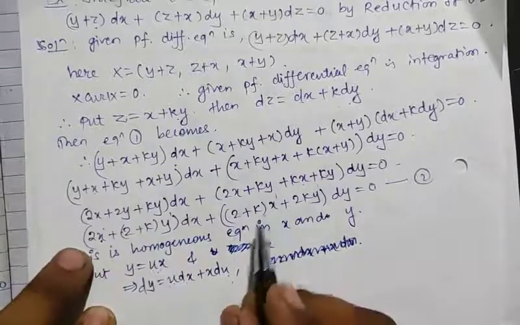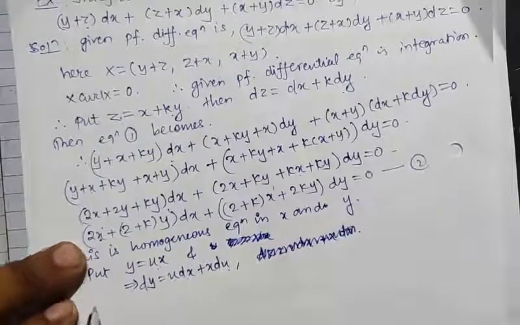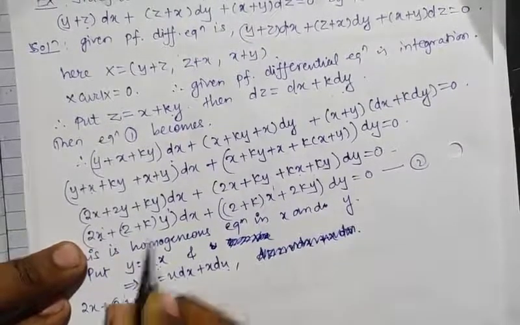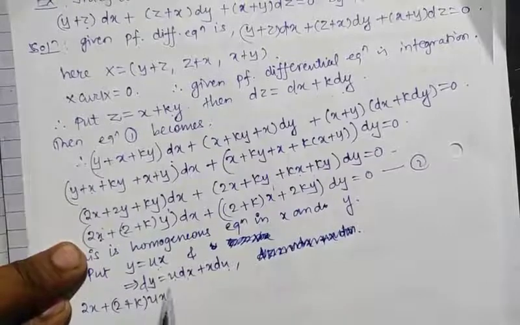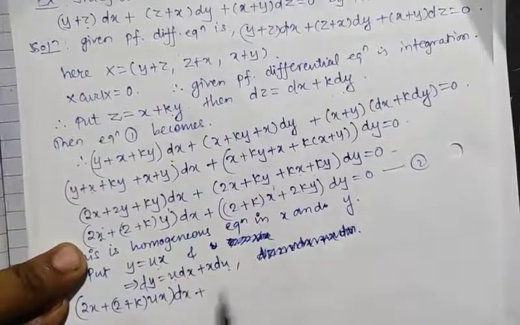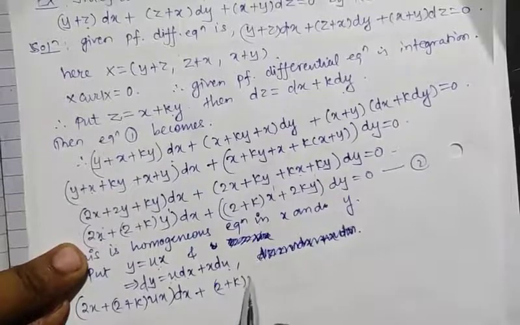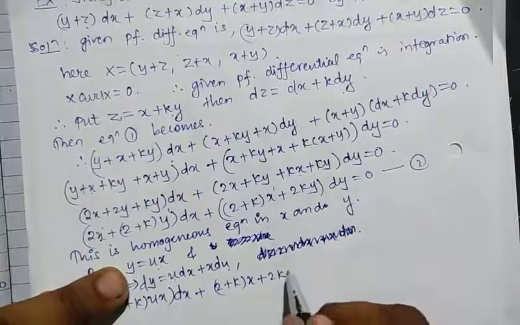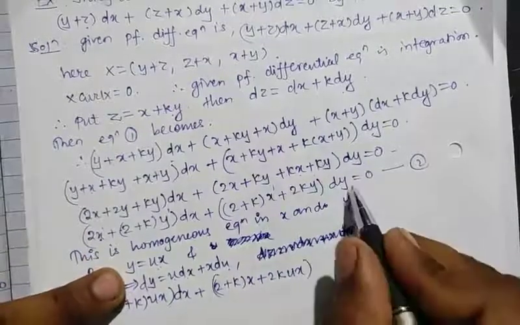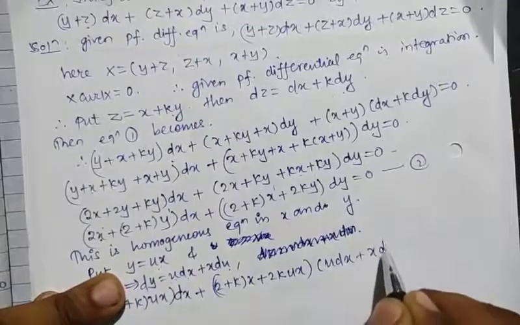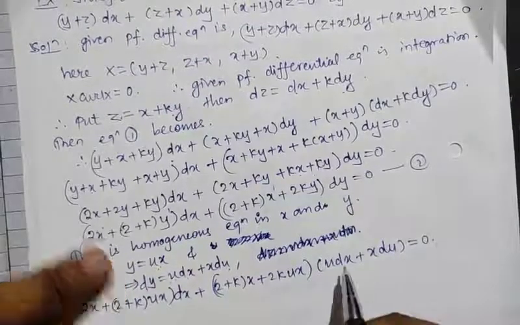Substitute this value in this equation, so we get twice x plus (2 plus k) into y, where the value of y is ux, into dx as it is, plus (2 plus k) into x plus 2k into y, where the value of y is ux, into dy, which is u dx plus x du, equal to 0.